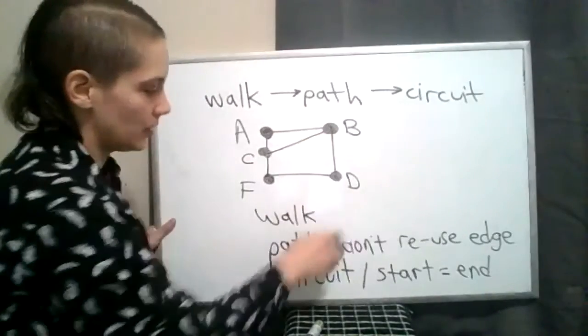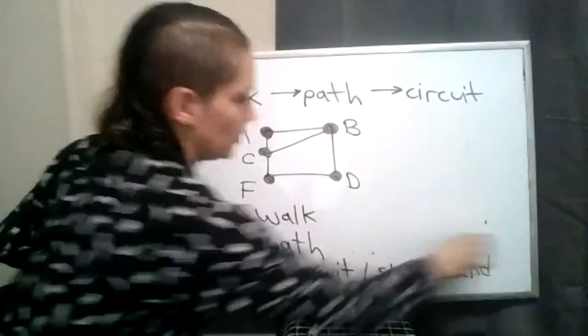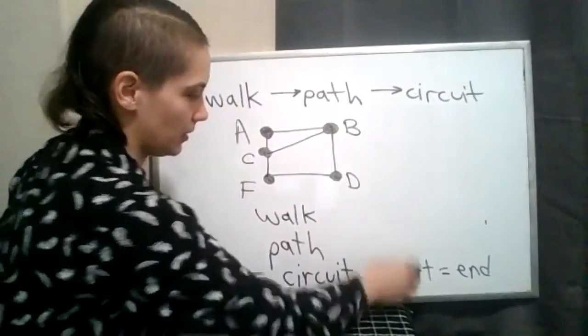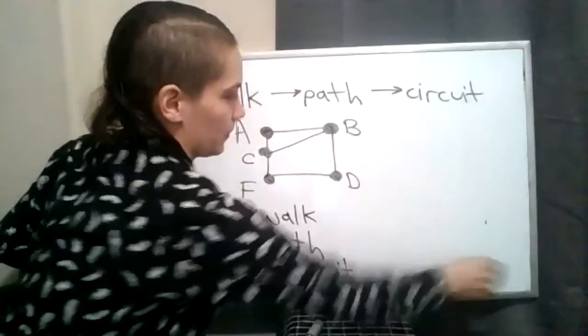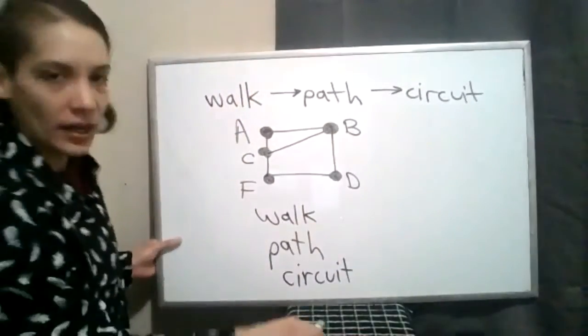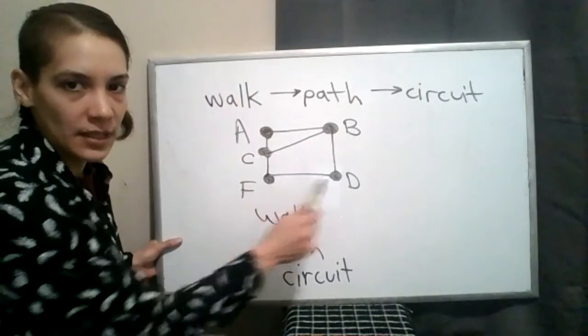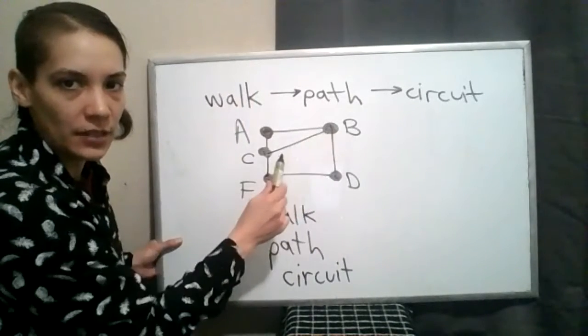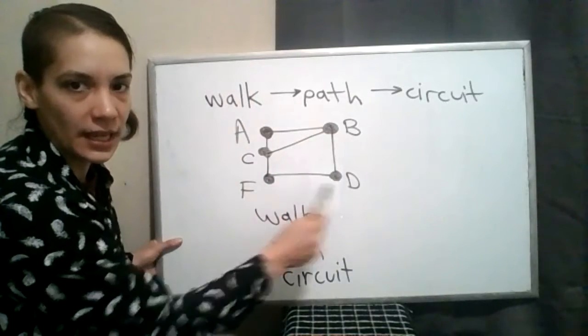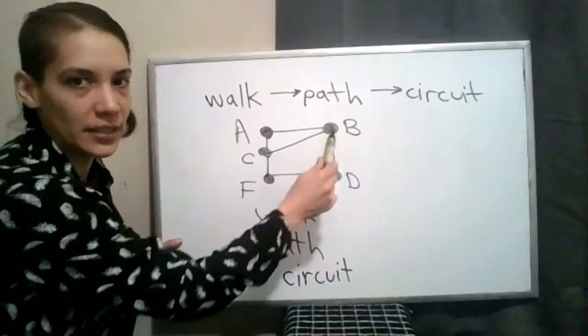Okay, first let's just do one of each of these. Let's do a walk and a path and a circuit. So a walk, you just need to be able to go from one dot to the other using an edge, and you can redo an edge, like you can go back and forth over edges.